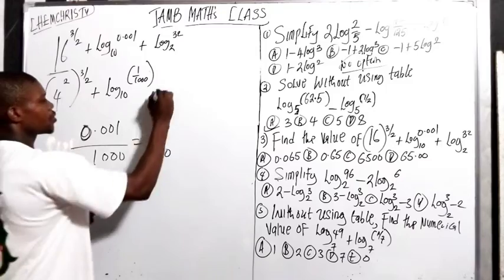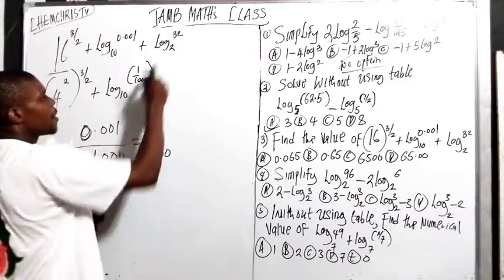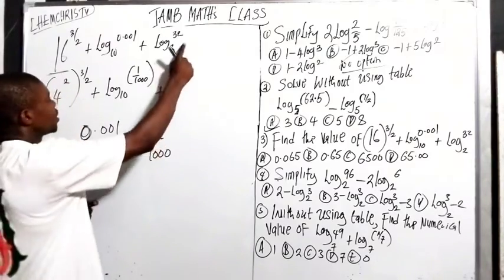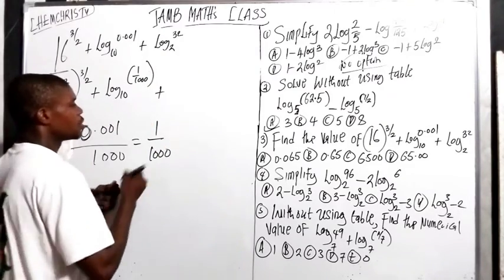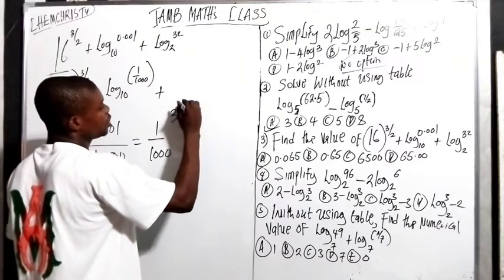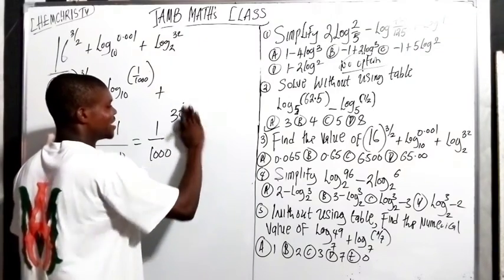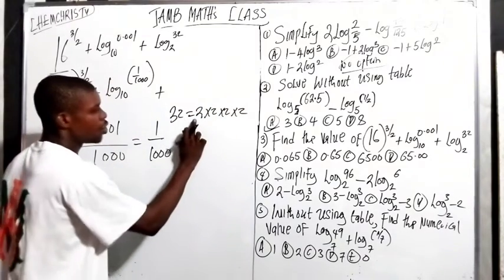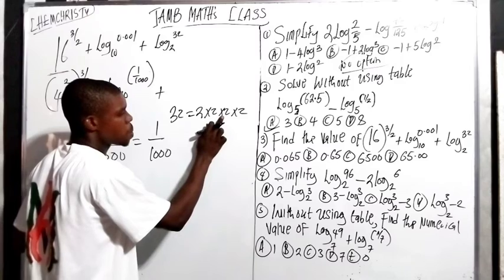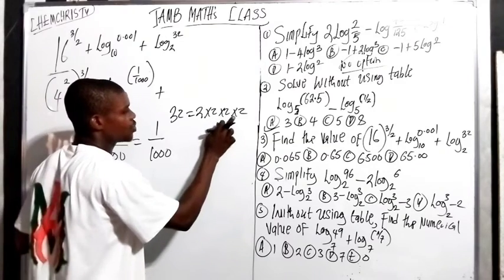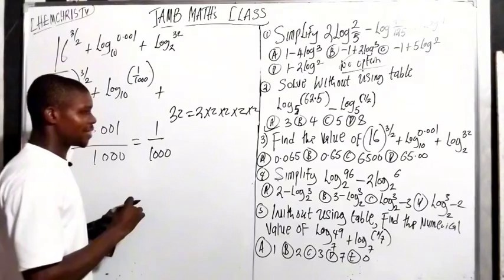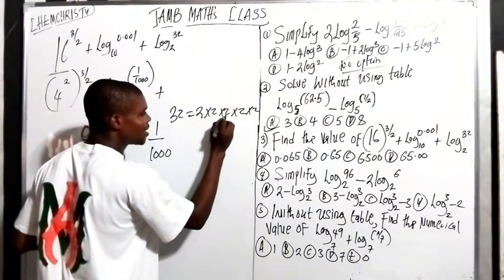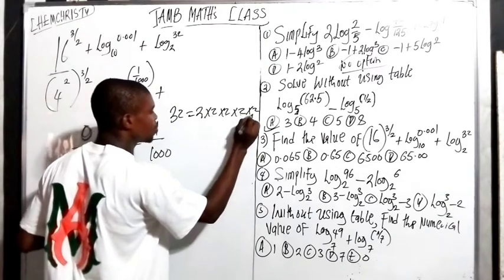Do you understand? Plus, now remember, how do I get this one here to give me 2? Now remember, 32 is the same as 2 times 2 times 2 times 2 times 2. 2 times 2 is 4, 4 times 2 is 8, 8 times 2 is 16, 16 times 2 is 32.